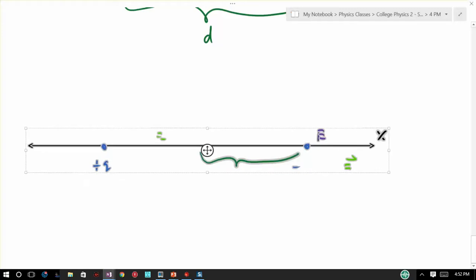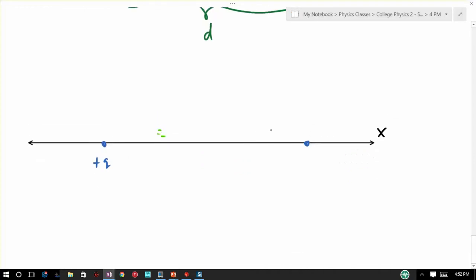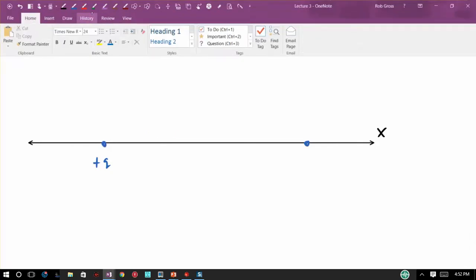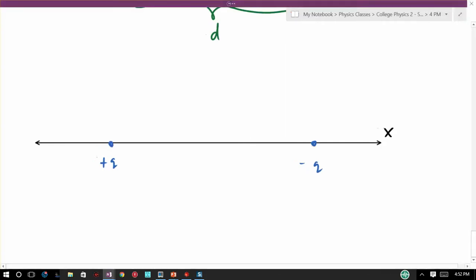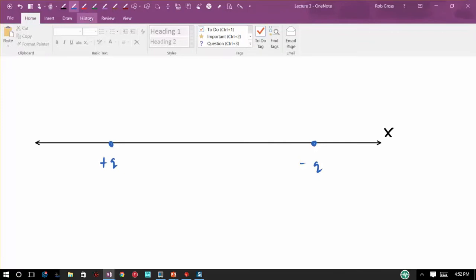So what you see in your lab manual, and what you need to draw for your lab this week, is something that looks like this for a dipole. What this represents is the field at every single point.